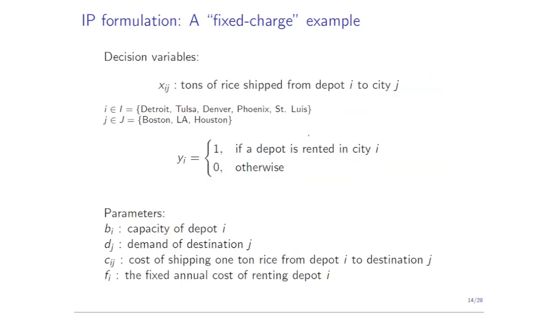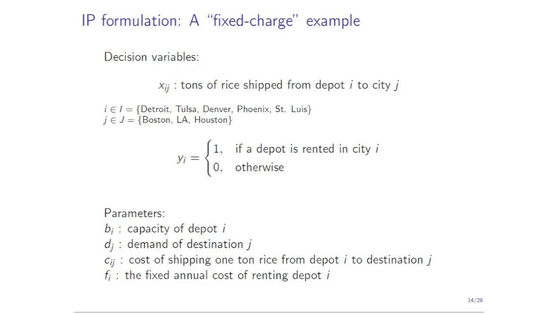So as I said, we will have a set of continuous variables, also a set of binary variables which represent our decision about renting a place in city I or not renting it. And also, in order to make the formulation more compact, I'm using this set of parameters.